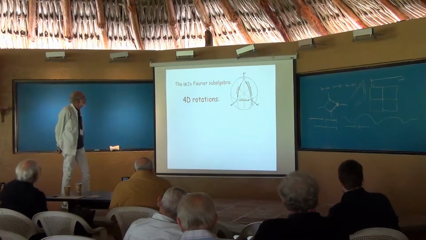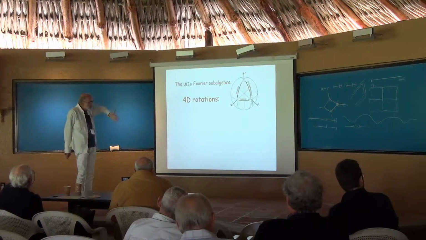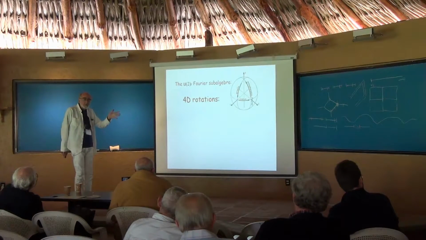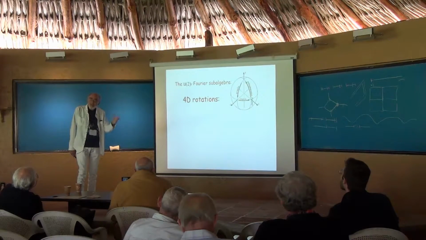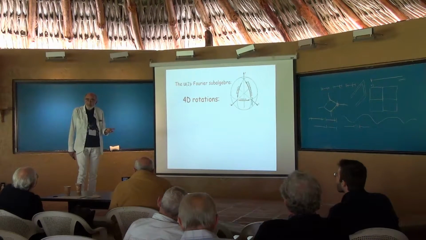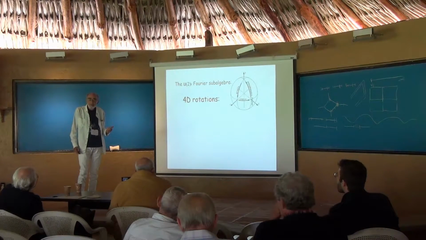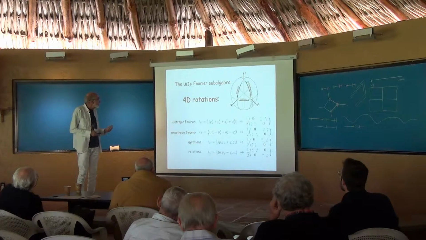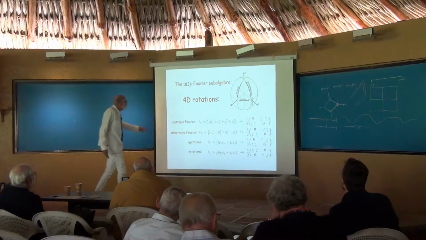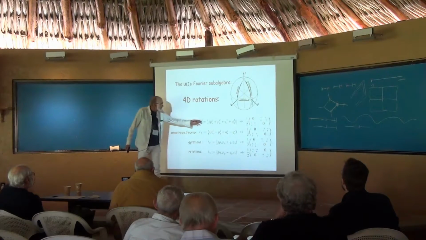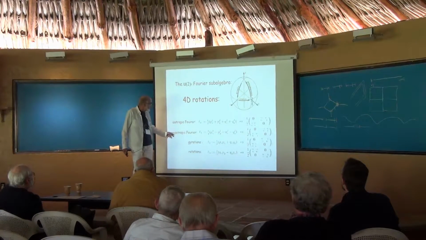But for instance, rotations will rotate your screen. Gyrations will turn Hermite-Gauss beams into Laguerre-Gauss beams, and the like. Well, these are the generators. You see, this is a two-dimensional harmonic oscillator.